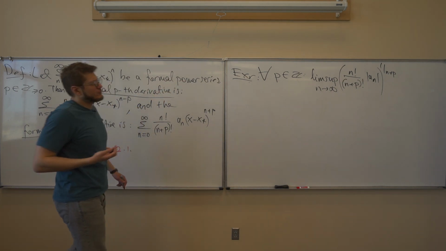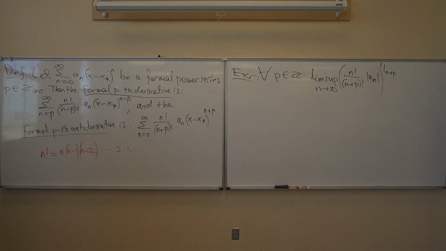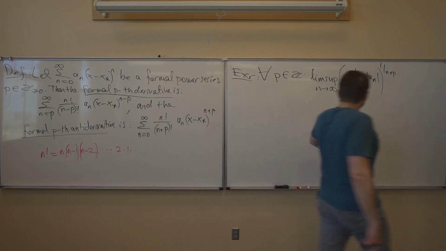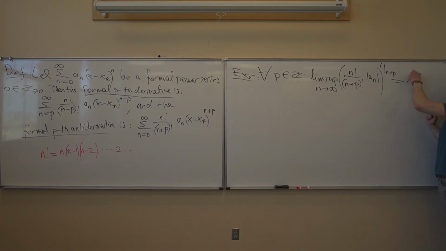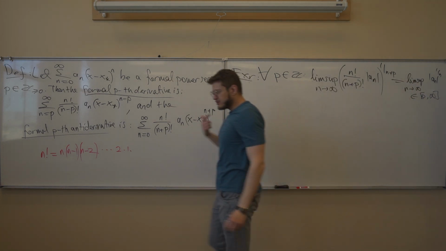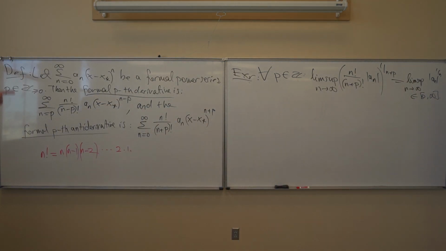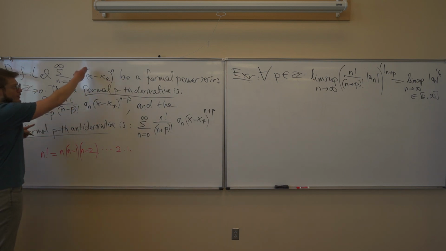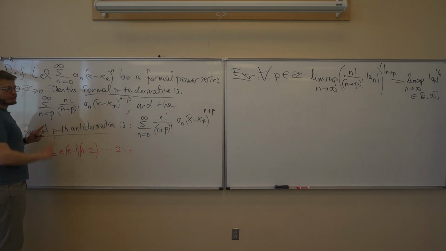If I were to pick p to be a negative integer, that would give me the derivative. In any event, this limsup is the same thing as the limsup of the root sequence associated to the original series, of course, as an extended number. And the radius of convergence, remember, of a series was the reciprocal of this number, which means that whenever one of these converges, the other ones also have to converge.